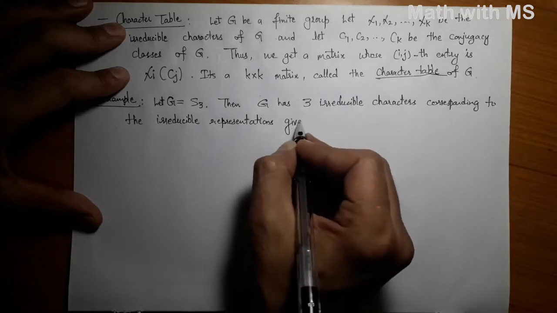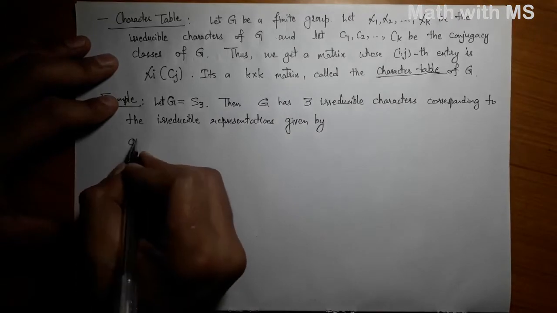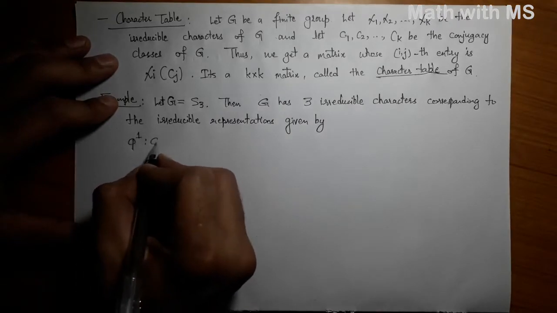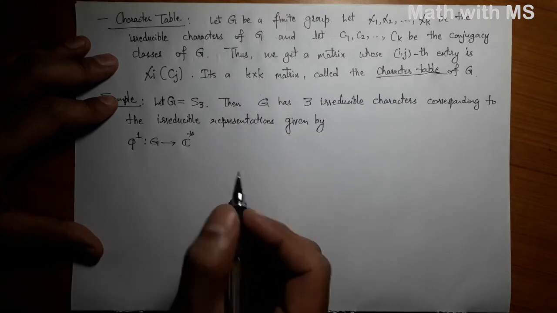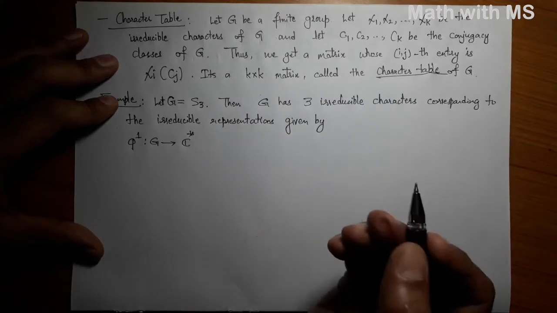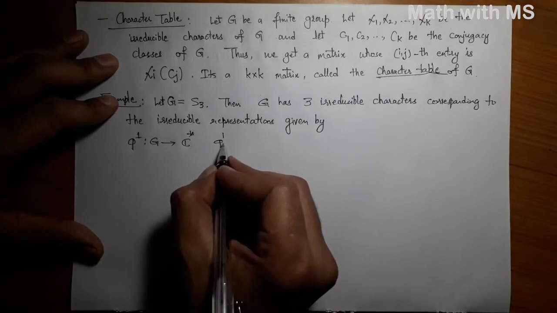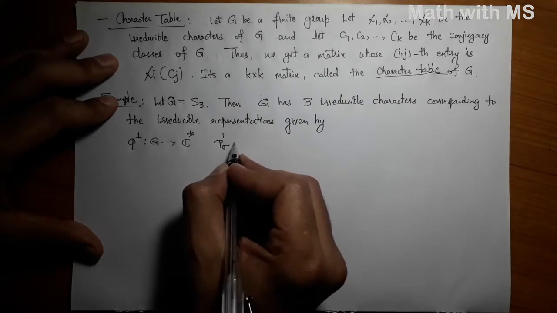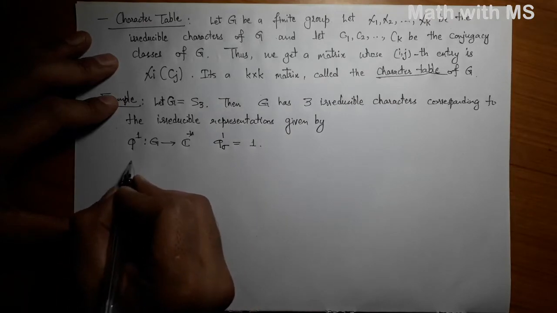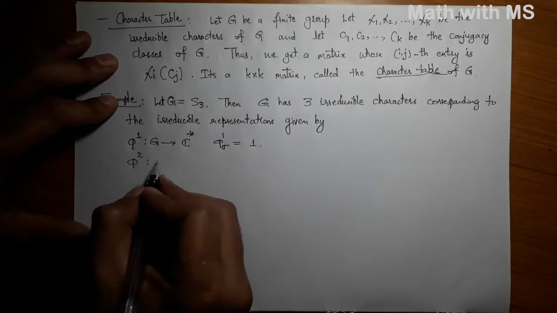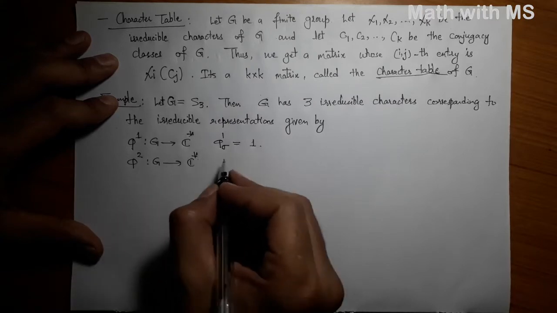So let me recall for you: phi 1 from G to C star is one dimensional, which is the trivial representation. Notice that each group always has a trivial representation. So phi 1 of any element sigma is just the identity of the group C star. And phi 2 from G to C star was the sign representation.